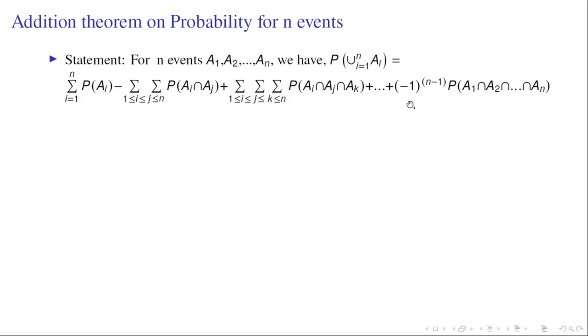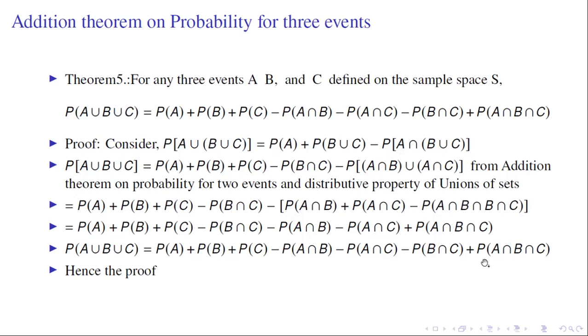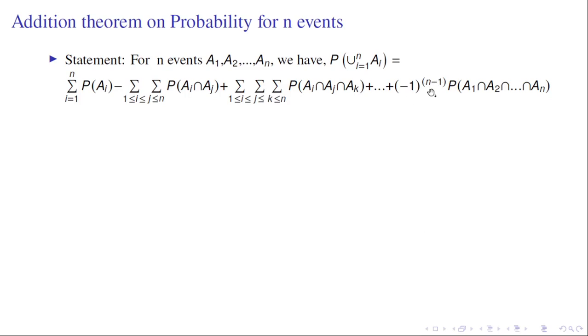The last term is minus 1 power n minus 1. Look here, this is the last term. The sign is decided by this: for three terms, minus 1 power 3 minus 1, that is 2, minus 1 into minus 1 becomes plus. In the case of two terms, we have minus 1 power 2 minus 1, that is minus 1 power 1, so minus 1 remains. So the sign alternately changes. The last term is probability of A1 intersection A2 intersection ... intersection An.